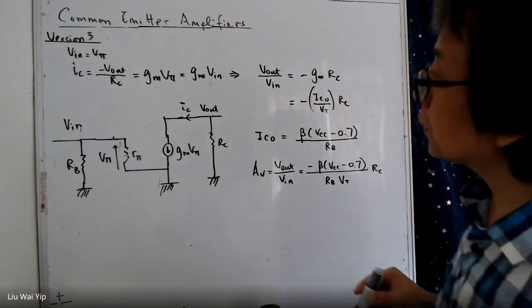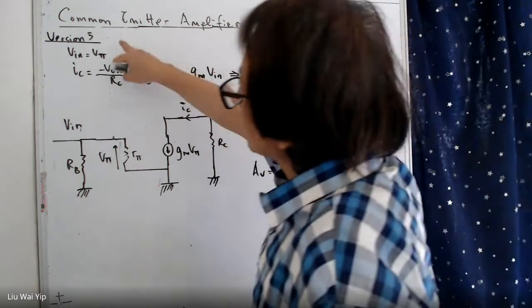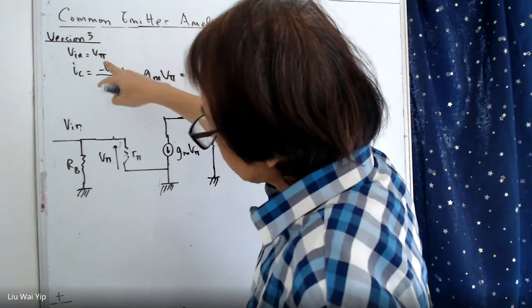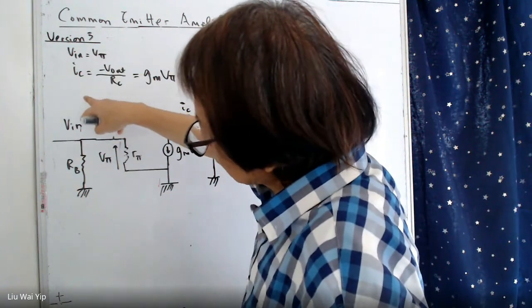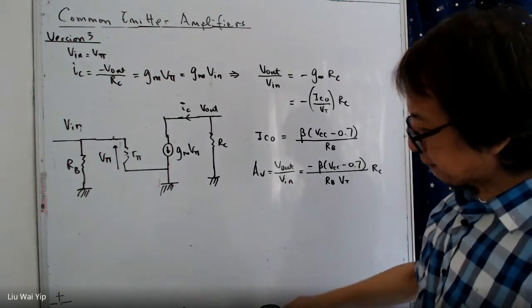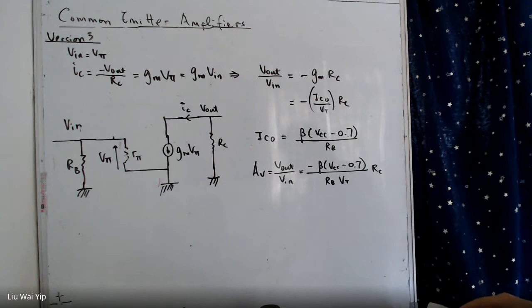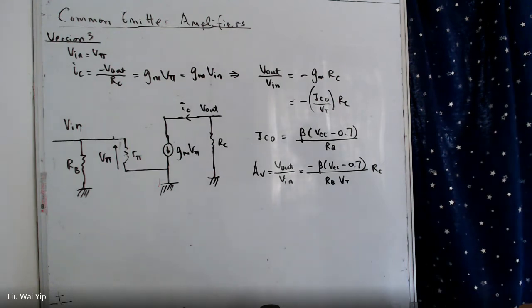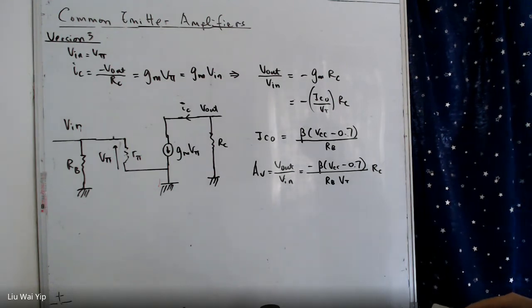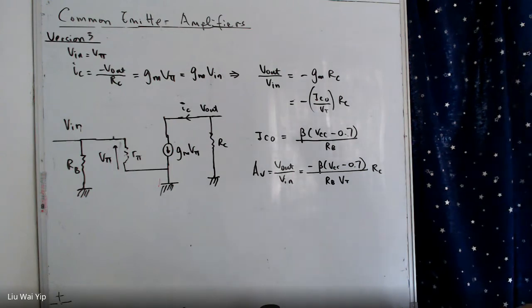And how about version 4? Version 2 and version 3 are based on the network, the so-called fixed biasing. But now we are going to step into another technique. This is the so-called voltage divider technique.